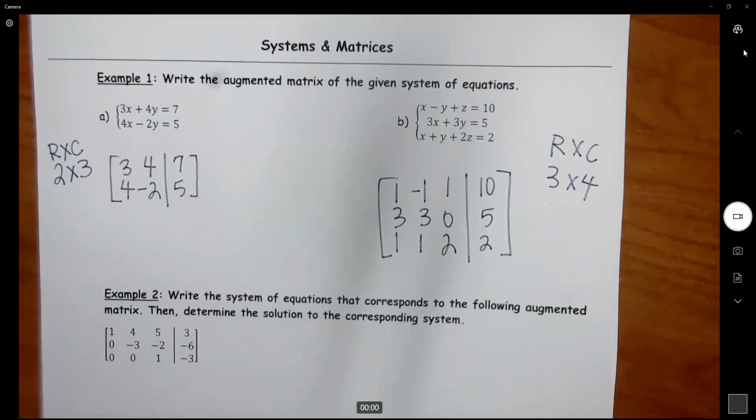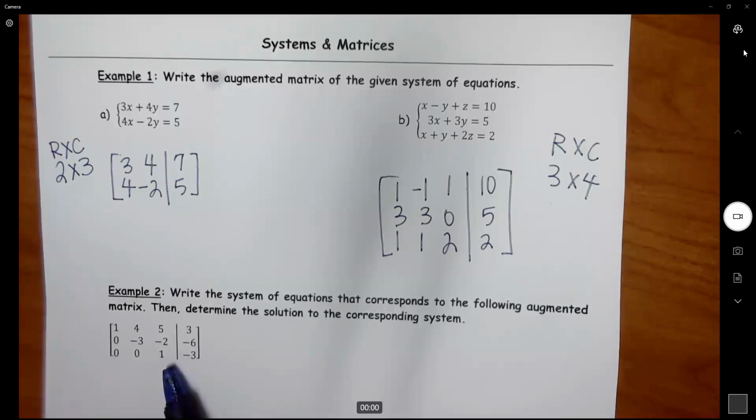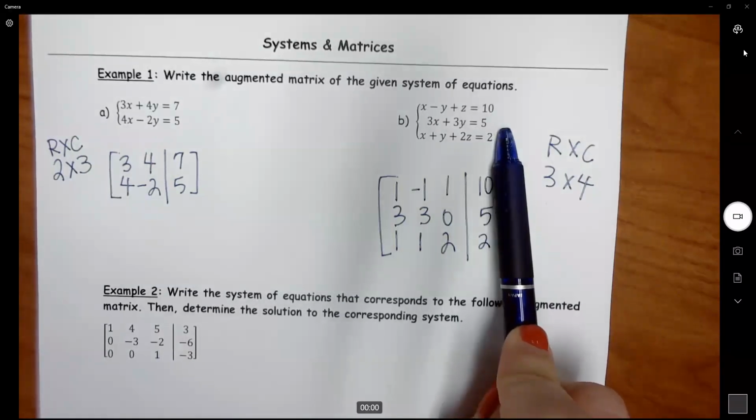So example 2 says to write the system of equations that corresponds to the following augmented matrix, then determine the solution to the corresponding system. So in this one, we're going to work backwards. Now I'm given the augmented matrix, and now I need to write it in its system of equations.